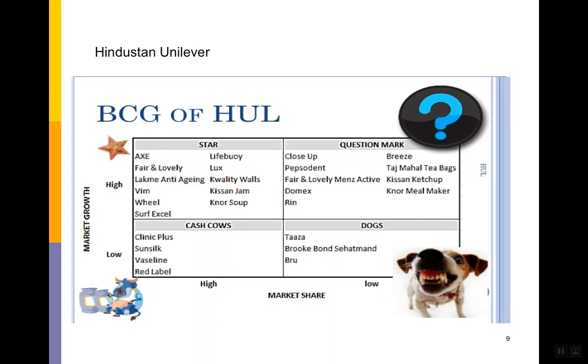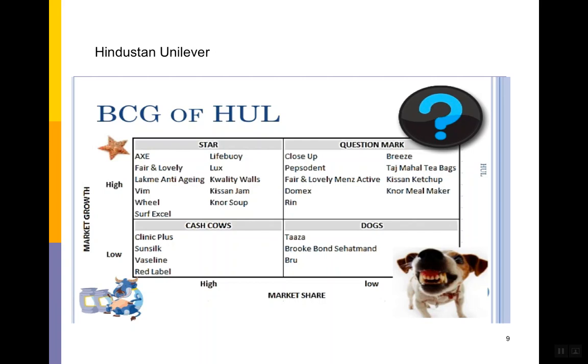Let's take the example of Hindustan Unilever. Hindustan Unilever is one of the leading corporates in India and all over the world. Let's have a look at how the BCG matrix works for Hindustan Unilever. Star: a star has a high growth rate and high market share.